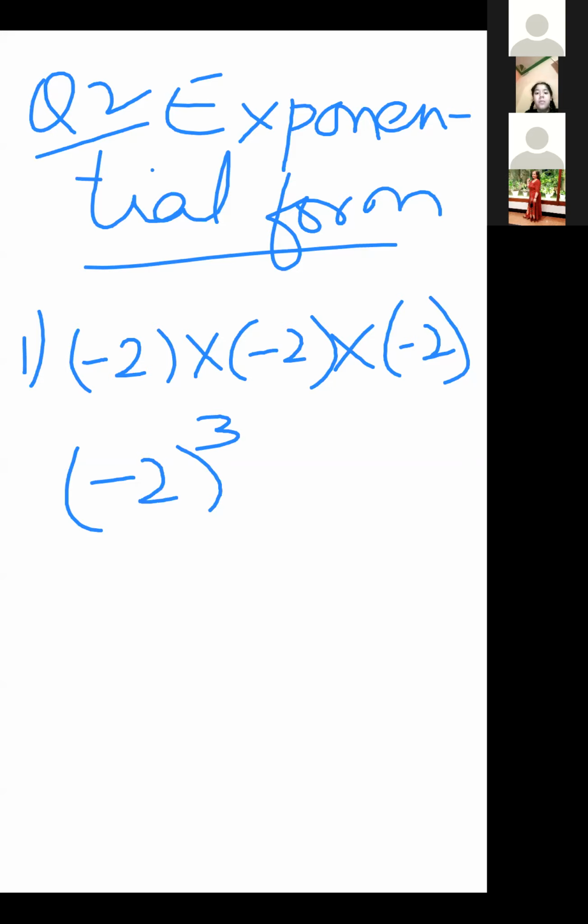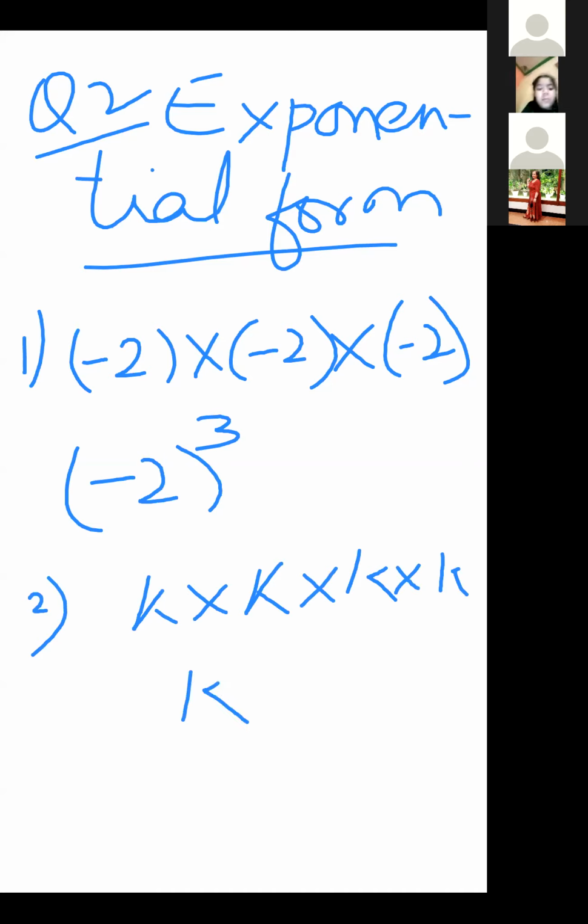Yes. Second is k into k into k into k. It means k raised to power, how many times? 4 times. So we write 4 here. K raised to power 4. Okay. Understood?